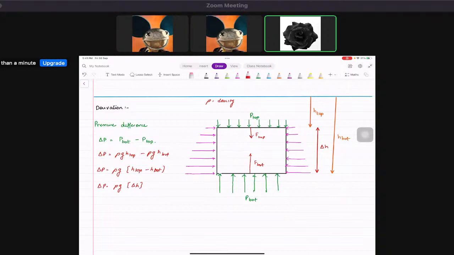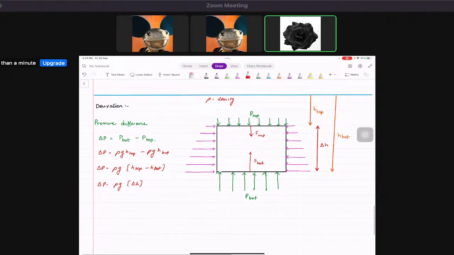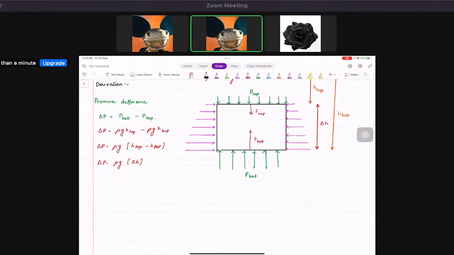Yep. Okay, now look at this. We have also learned that pressure is given by force per unit area. So the net force is force at bottom minus force at top, and the area is the same.